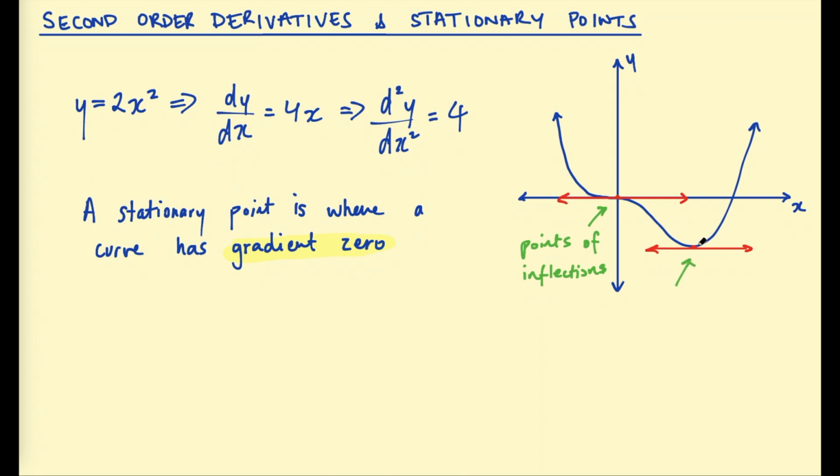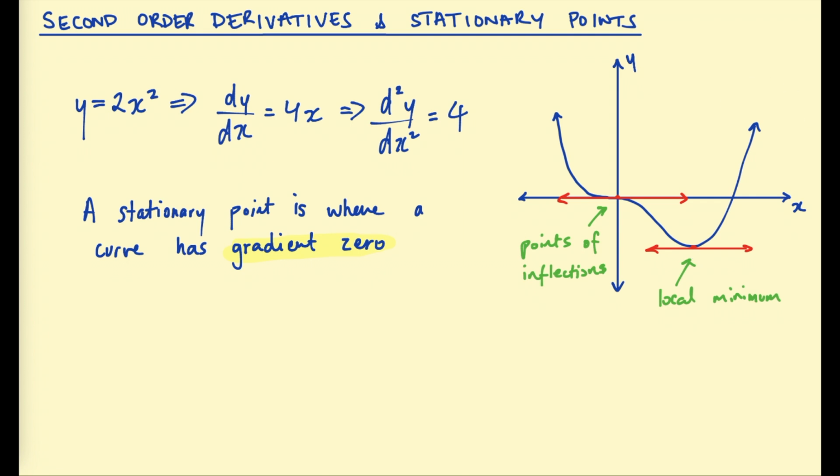And we actually call these local minimums and local maximums. Well, in fact, for this example, if this was a quartic, this would be a global minimum. But usually we don't have enough information to say this would be the absolute minimum of a curve.